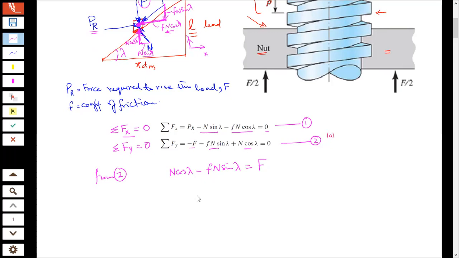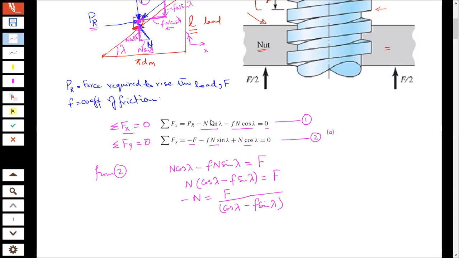Or what I can do is I can take n common from these two. So this will be my n times cos of lambda minus f sine of lambda equal to f. Or I can say that n is equal to f over cos of lambda minus f sine of lambda, right? So I got the value of n.